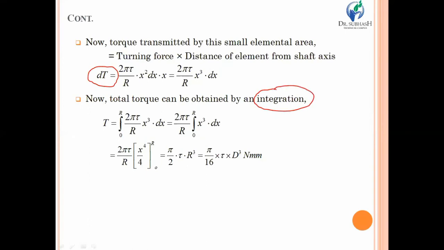And the limit is 0 to r, because the lower limit is the center axis of the shaft and the higher limit is the outermost surface located at r. So between 0 and r, you just integrate this equation, and by simplifying that relation, you will have pi by 16 into tau into d cube, which is the relation for the total torque being transmitted by a shaft.